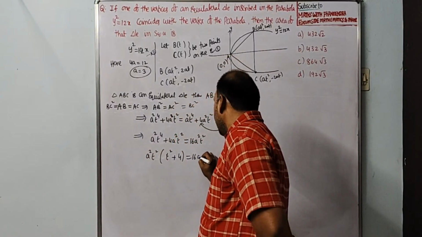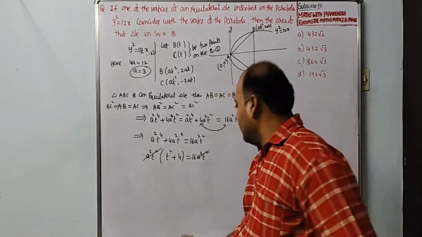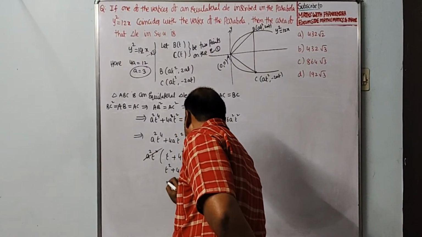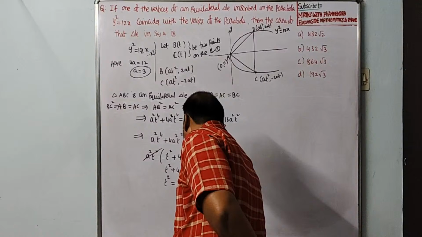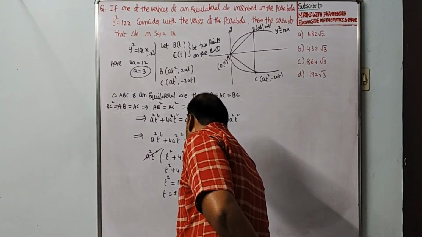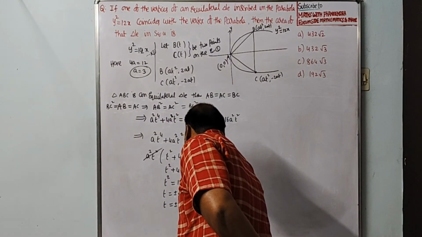So 16 into a²t². Both sides a²t² get cancelled. So t² + 4 is equal to 16. t² is equal to 12. t is equal to plus or minus root 12, that is equal to plus or minus 2 root 3.